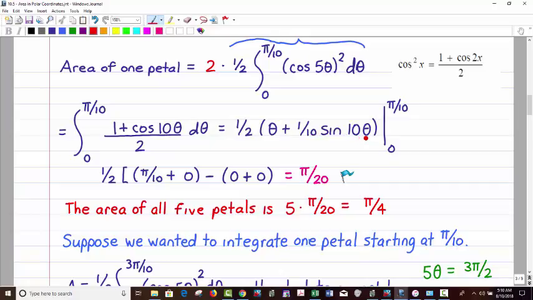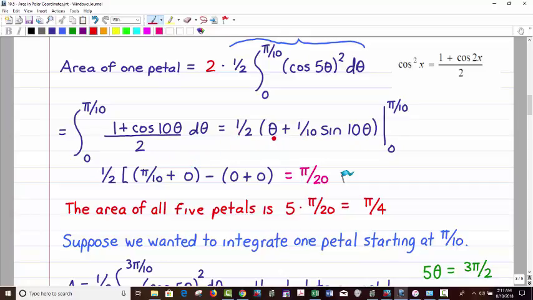Remember, antiderivative, not derivative. So I put in pi over 10, I put in 0, so pi over 10 goes in for theta right here, and then 10 times pi over 10 would be pi, so sine of pi is 0, regardless of that 1 over 10, and we still have this 1/2 on the outside.